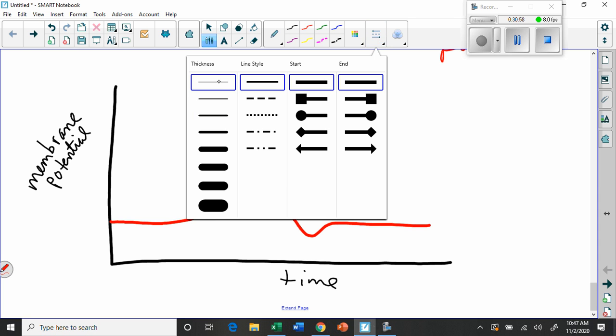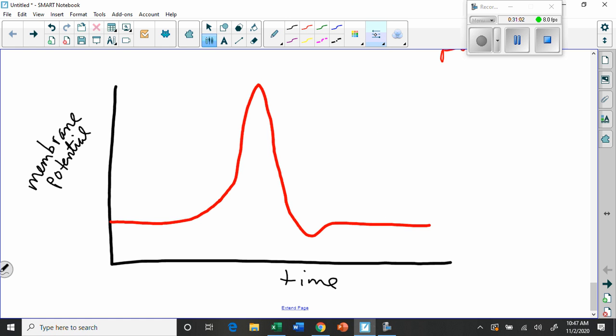But if I put on here with a dashed line, right here, that's the resting potential. And that would be the minus 70 or so millivolts. So we'll put minus 70 millivolts there. The action potential itself rises up to about plus 30, so 30 millivolts plus.